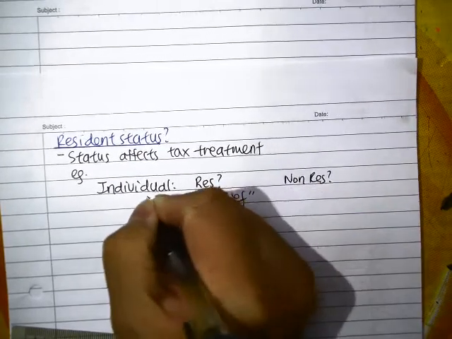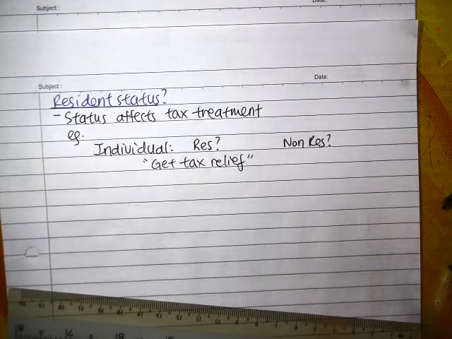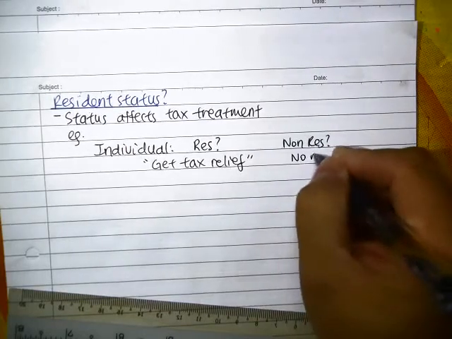Of course, just to say tax relief is too simple, but you get what I'm trying to say. You get a deduction at total income level, agreed? Deductions like personal deduction will give you 9,000. Your EPF, you get deductions, you get relief. And if you're a non-resident, you will have no relief.